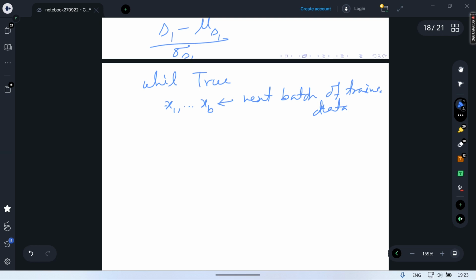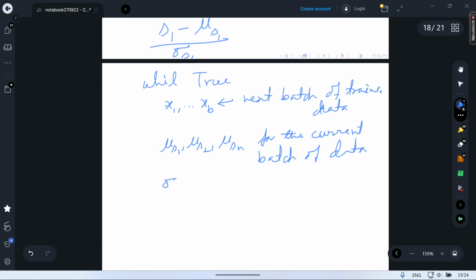Okay, then calculate the mean S1, mean S2, mean Sn for the current batch of data.